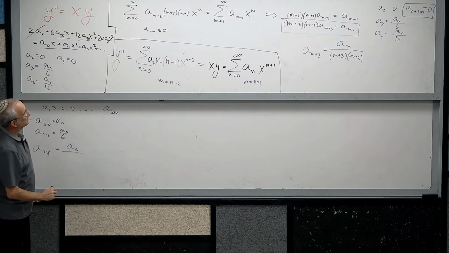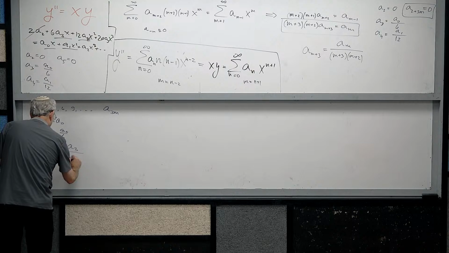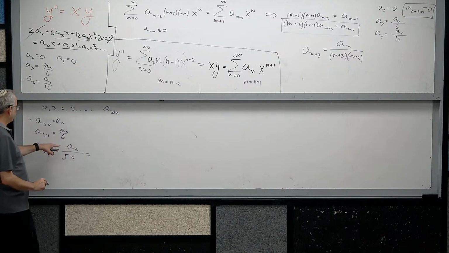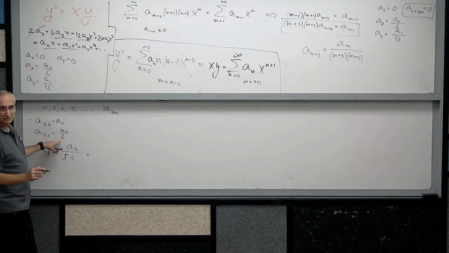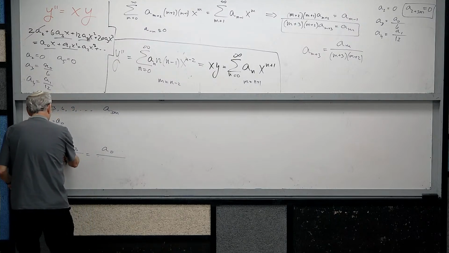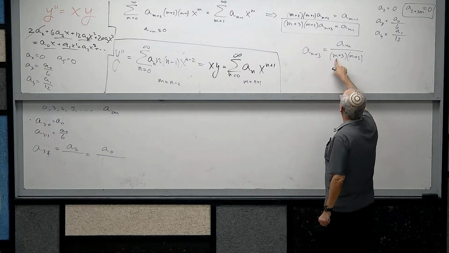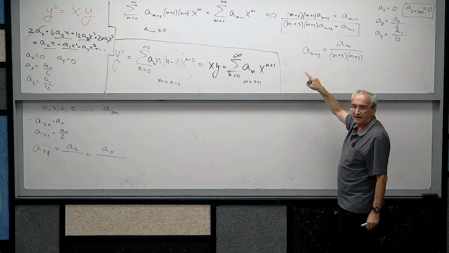So I should write here 5 times 4. Right? So I have 5 times 4. And what is A3? A3 is A0 divided by 6, 3 times 2, right? So this is A0 divided by 5 times 4. No. You cheated on me. Why? It's 6 times 5, no? Yeah, it's 6 times 5.